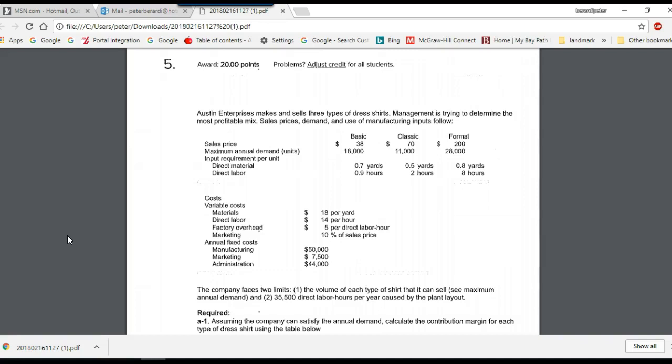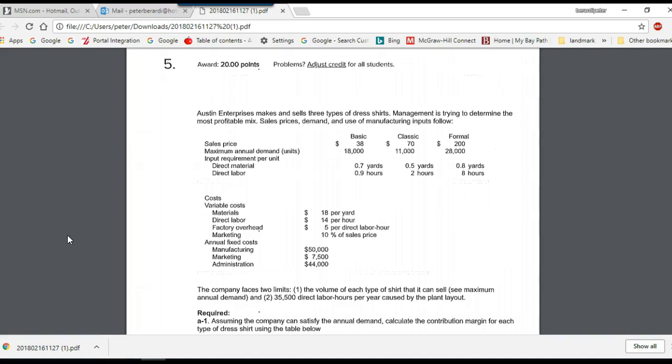The second thing you must think of when you see this is you must ask yourself, this is a product mix problem. Therefore, we have to figure out the most profitable use of those direct labor hours: how to allocate the most direct labor hours to the most profitable product first.